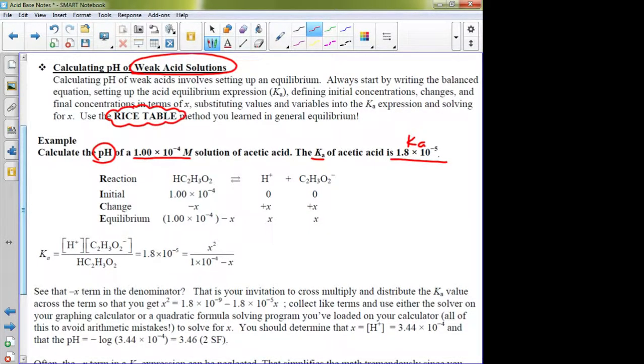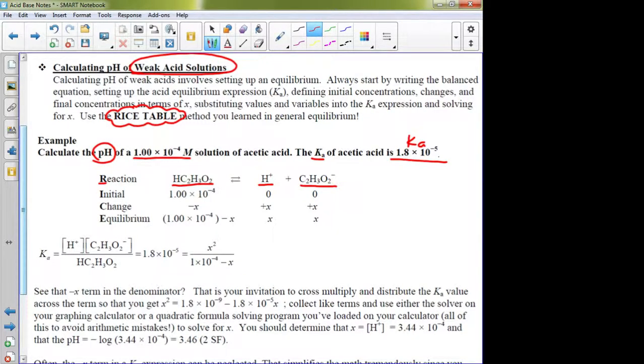The first thing I do is R, which stands for the reaction. I've got to write the reaction. So acetic acid is HC2H3O2. Does it dissociate completely? No, not completely. But it is going to dissociate some into H positive and my acetate ion.